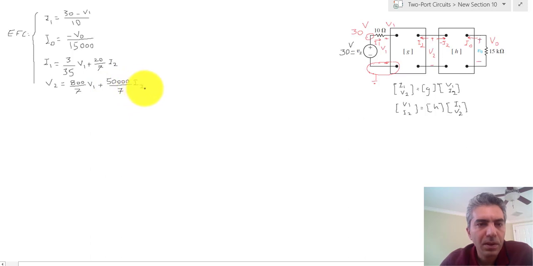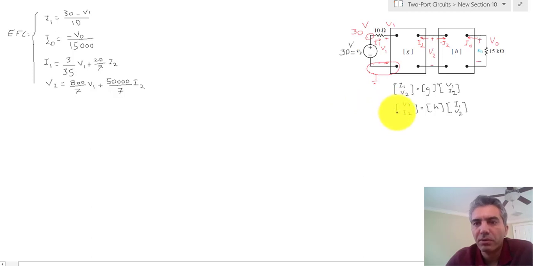I2. Now, when we get to the second two-port circuit, we have to be careful because this equation down here is written for the general definition of the H parameters, but we didn't necessarily use the same labels for the voltage of the port 1 and the current and voltage of all the ports there.